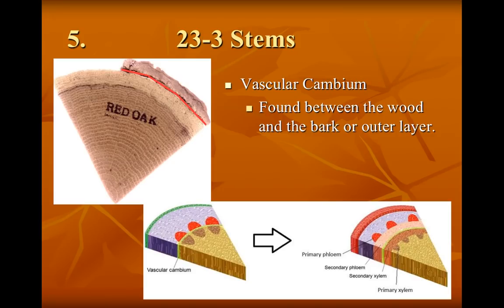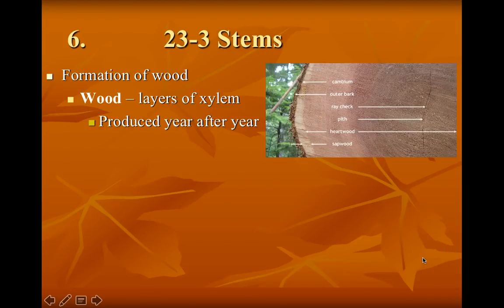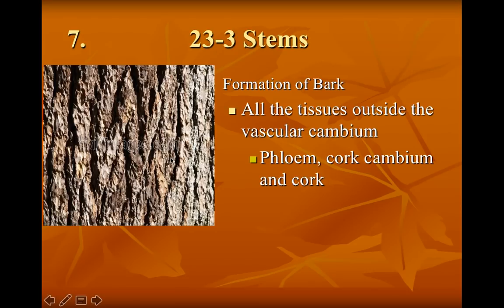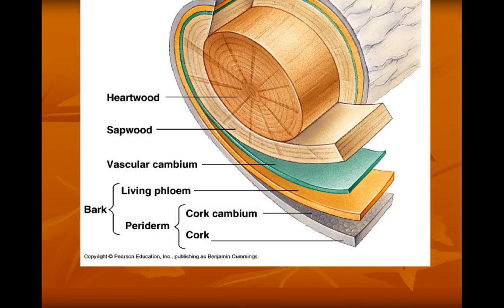And so over time, a lot of times you'll see this outer bark layer gets cracked. And that's why bark looks the way that it does. It's because these are older layers of phloem that have been stretched as the tree got bigger and start to crack from that stress.